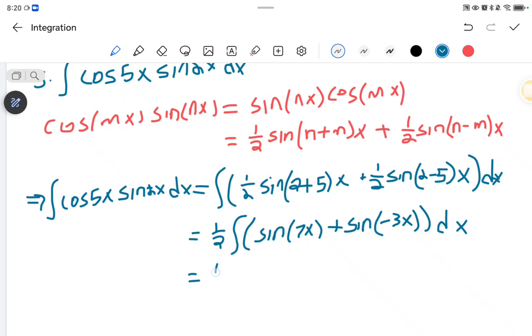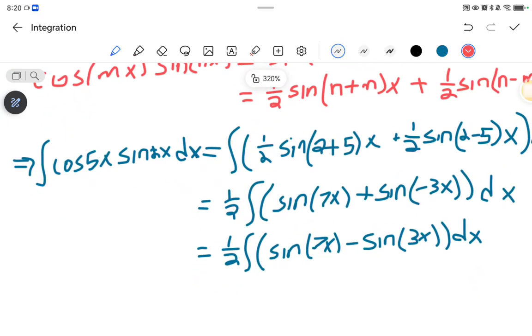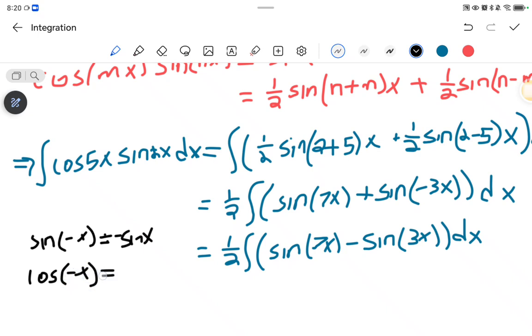This will be equal to 1 over 2 integral of sine of 7x minus sine of 3x dx. Because we know for sure that sine of minus x is equal to minus sine x, and we know that cos of minus x is equal to cos of x.